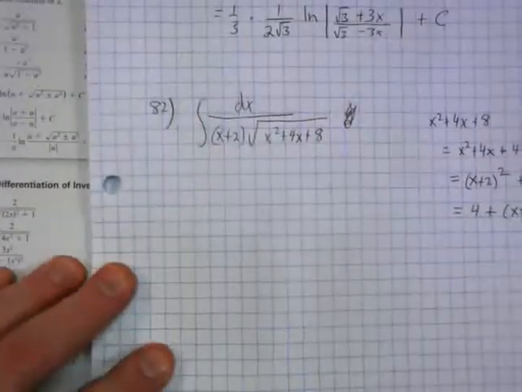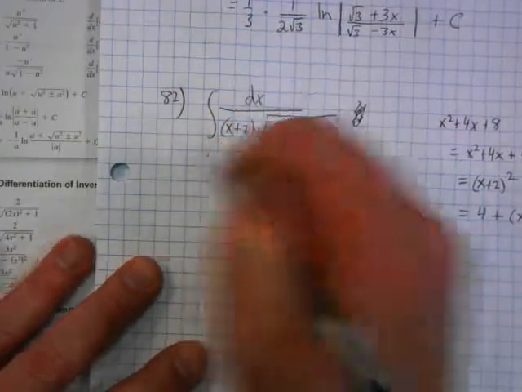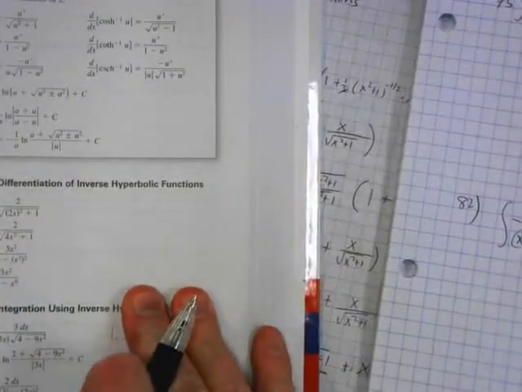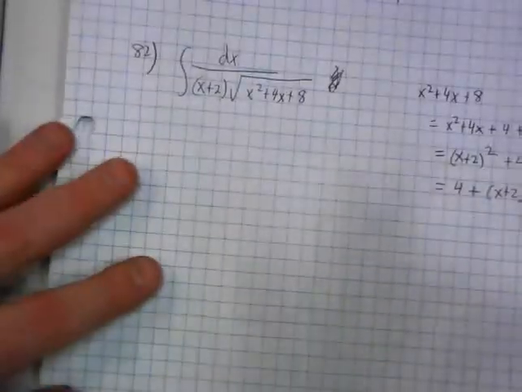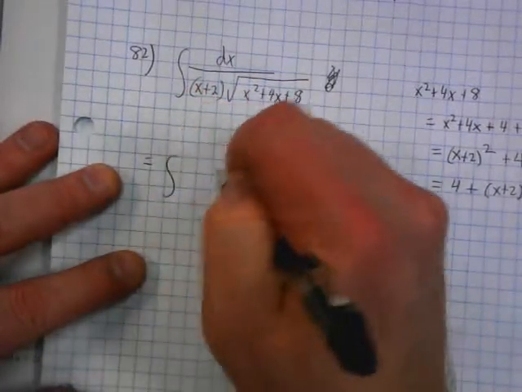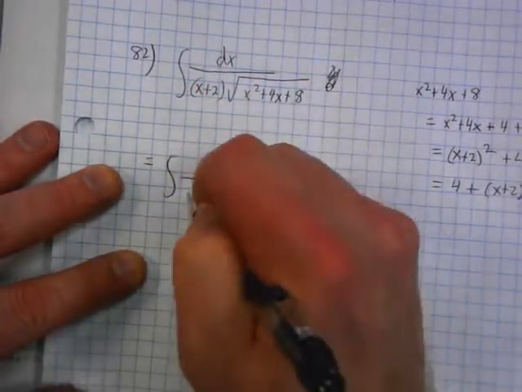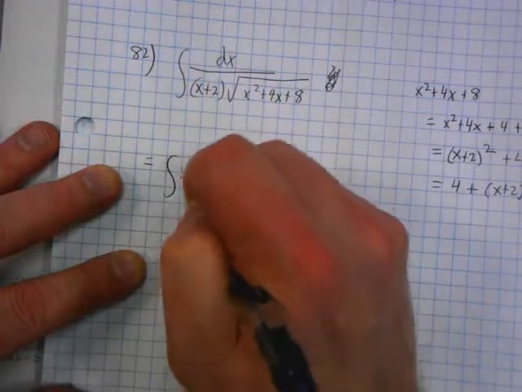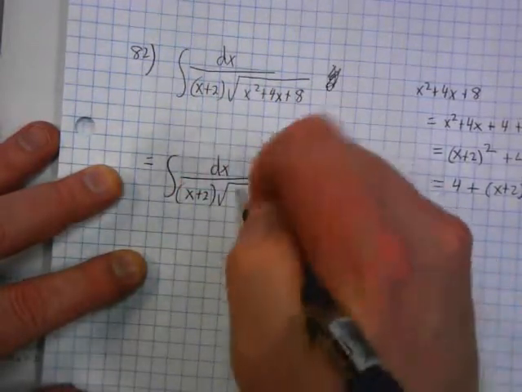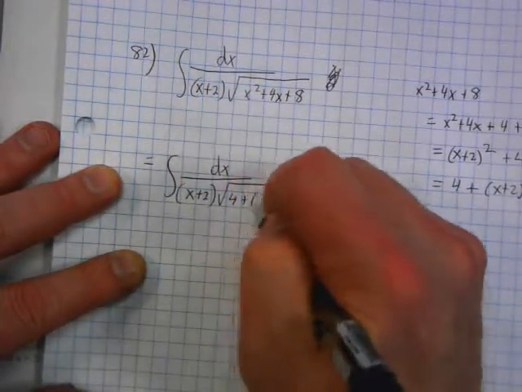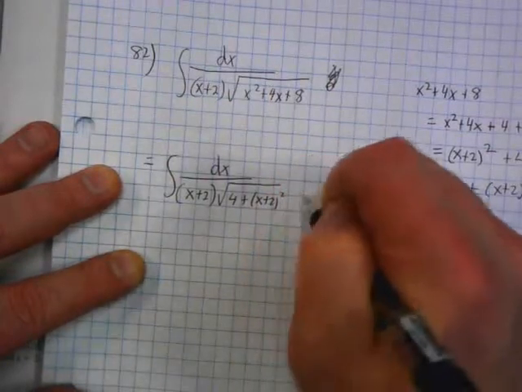All right, so this becomes the integral of dx over x plus 2 times the square root of 4 plus x plus 2 squared.